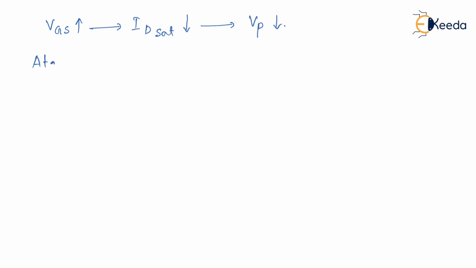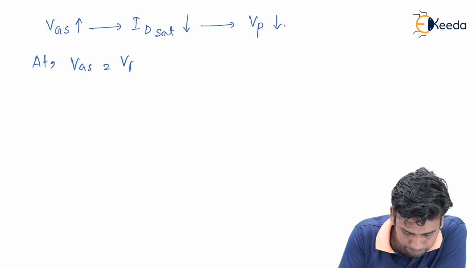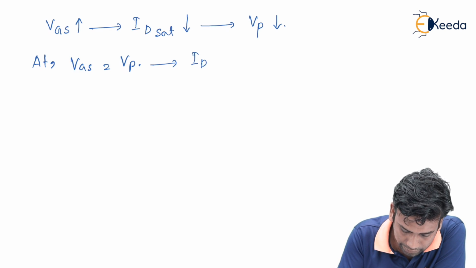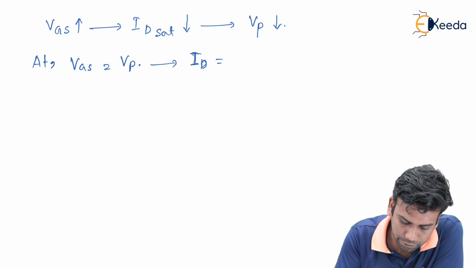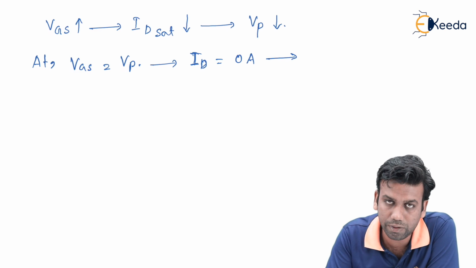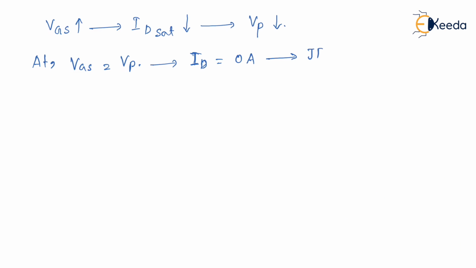At VGS equals to the pinch off voltage, the ID value will be nearly equal to 0, and in this condition when VGS equals VP, the JFET will be turned off.